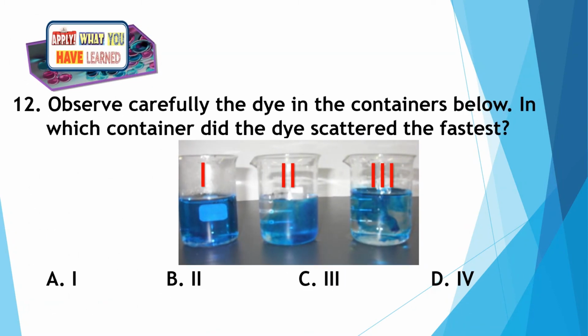Number 12. Observe carefully the dye in the containers below. In which container did the dye scatter the fastest? A. Container 1. B. Container 2. C. Container 3. D. Container 4.